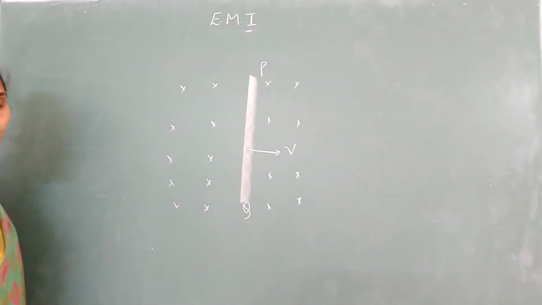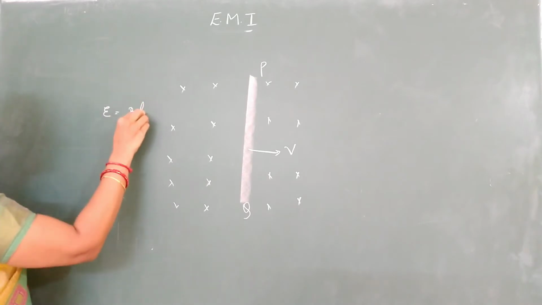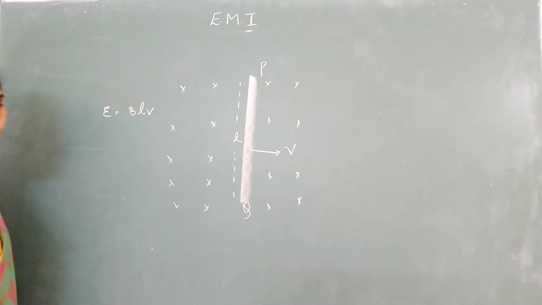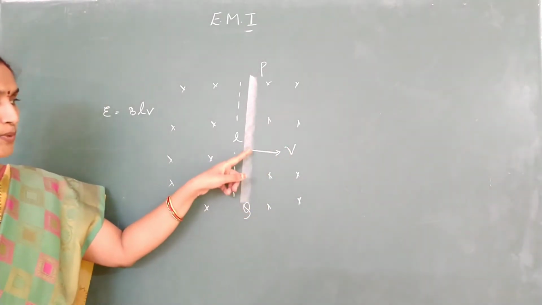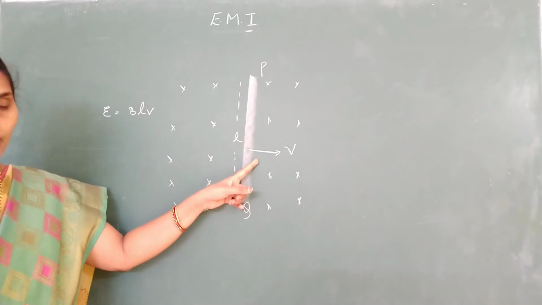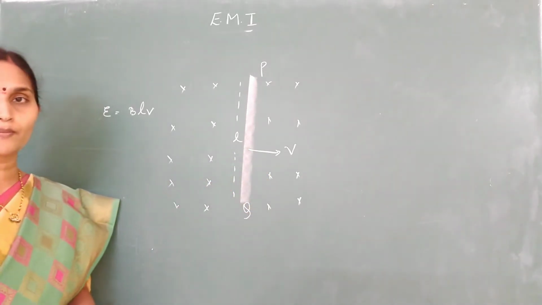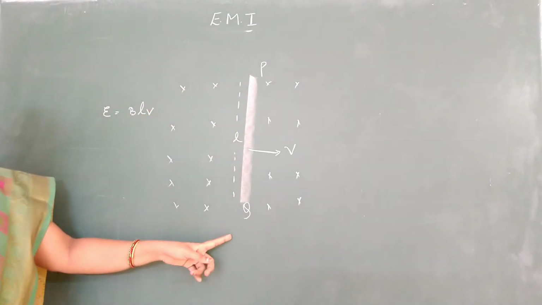If you are moving it with a speed V, induced EMF is given as B into L into V, where L is the length of the metal rod. And if velocity is not perpendicular to the magnetic field, suppose I have given the direction in some other way, resolve V into components and take the component which is perpendicular to the magnetic field. So this is the induced EMF in the rod PQ.